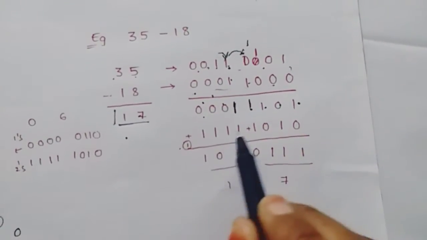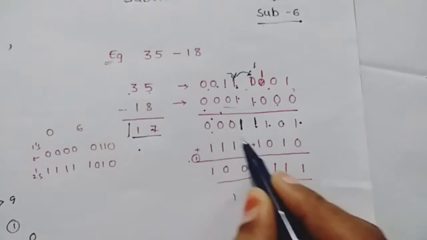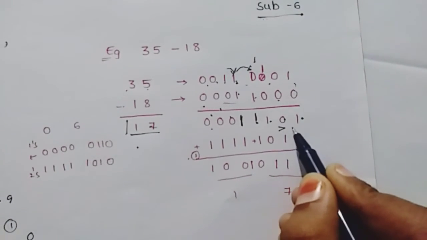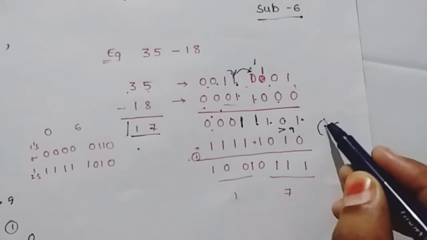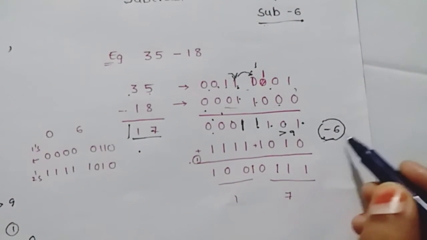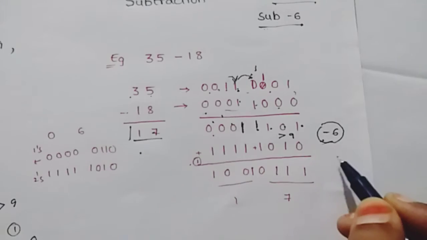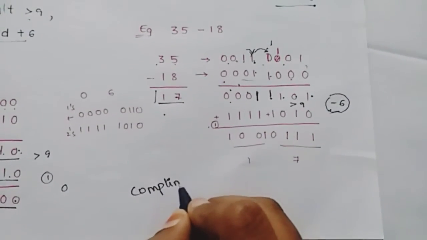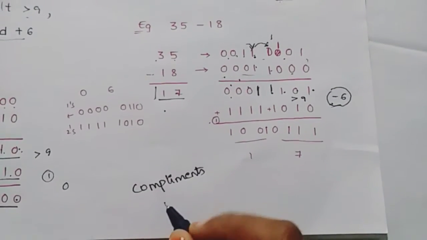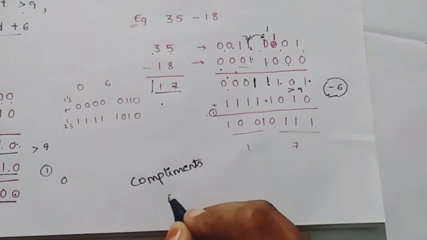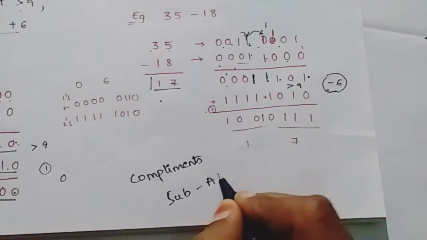And then, okay, let's see, this is greater than 9, so we have to subtract 6. Subtracting needs more calculation, so we convert it into complements. I already told you in the previous section that with complements, subtraction becomes addition.